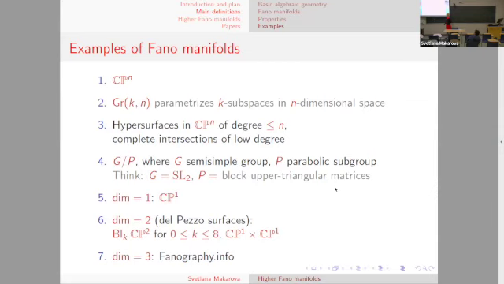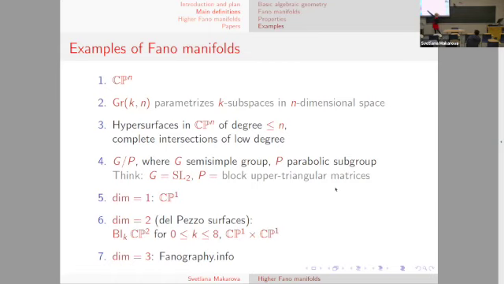Another example is called a rational homogeneous space. It is the quotient of a group G, which is a semi-simple algebraic group, by its parabolic subgroup. When you say a parabolic subgroup, it means that the quotient is compact as a topological space.